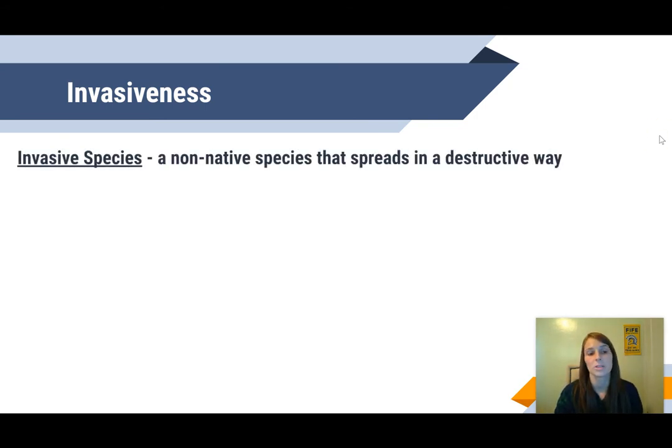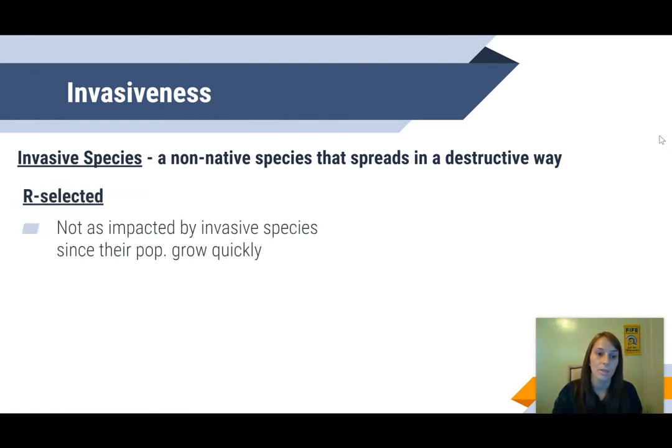Another category that we look at is how invasive species are going to be tied into all of this. So an invasive species is going to be a non-native species that spreads in a very destructive way. So R-selected species are not as impacted by invasive species because their population can grow quickly.